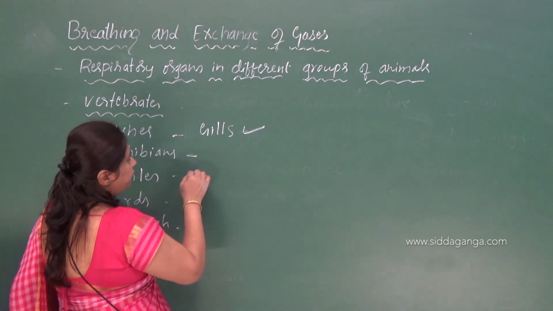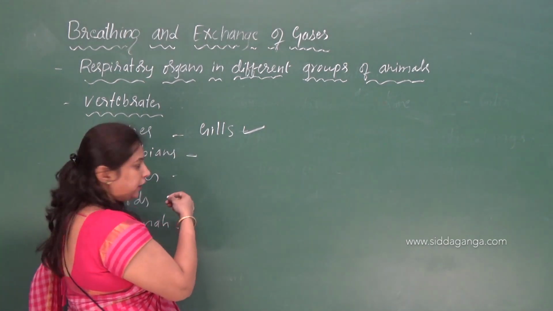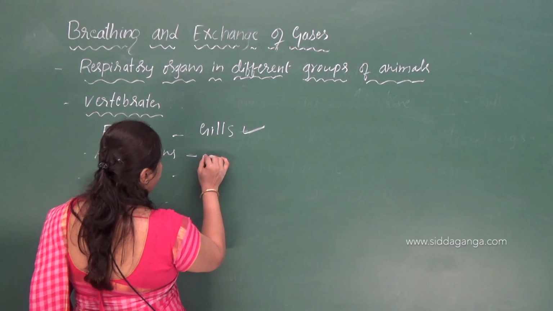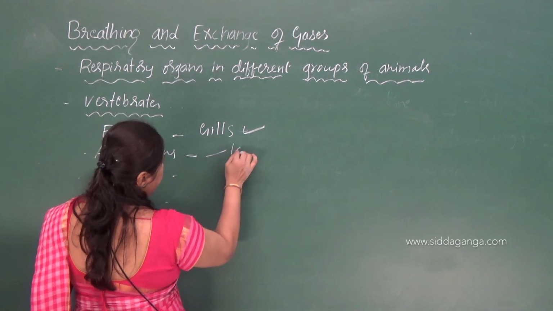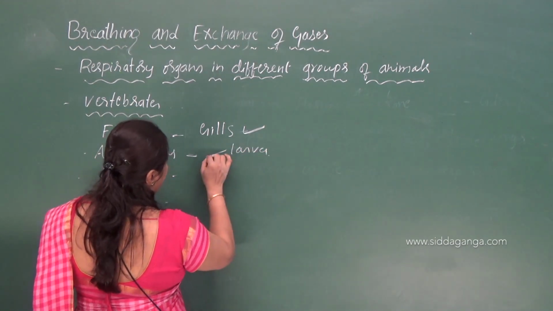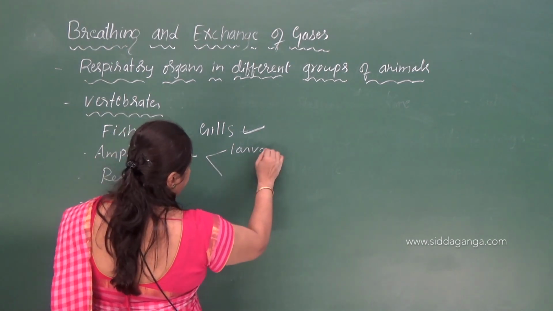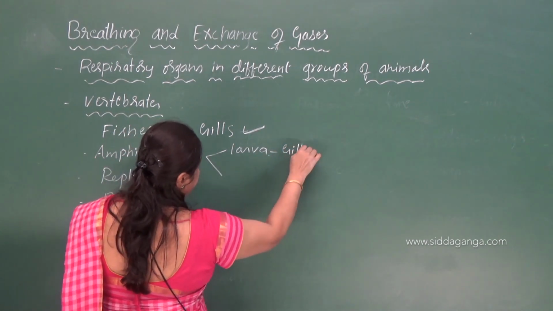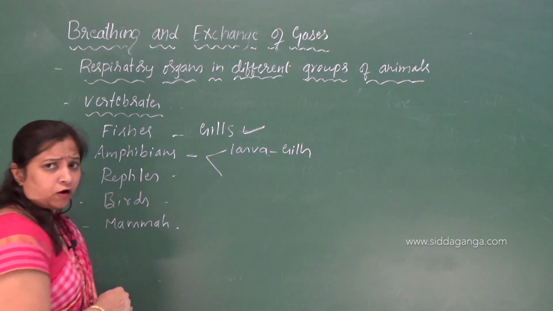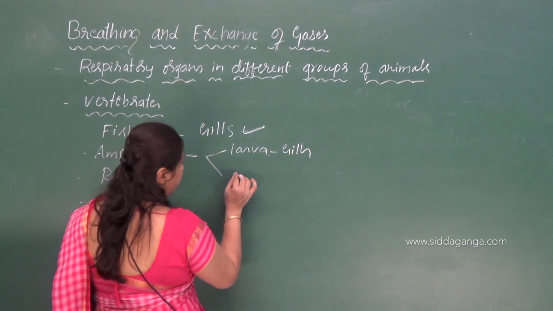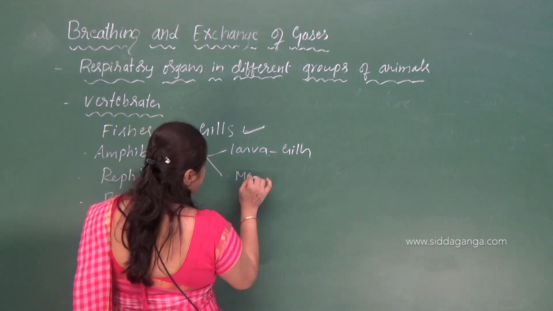See, for example, amphibians, the frog. The larva of frog is called a tadpole larva. The larva of frog is aquatic, so it has gills for respiration, and the adult frog respires with the help of moist skin.